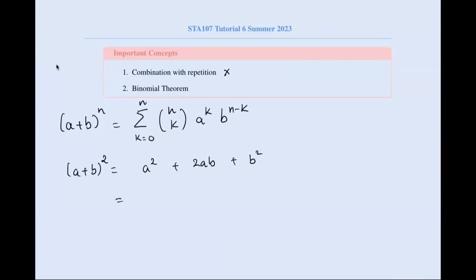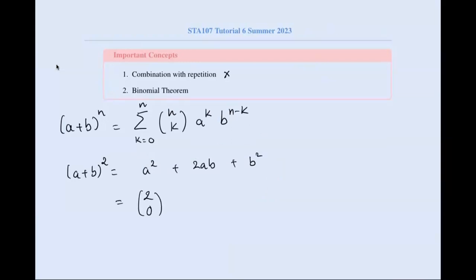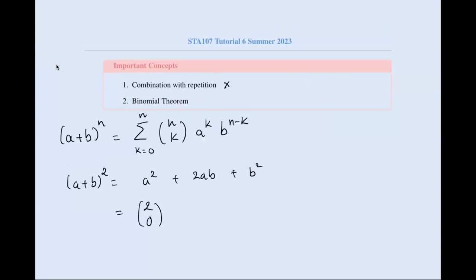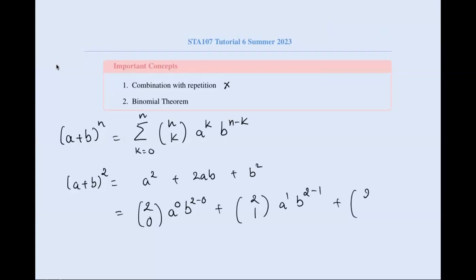So this is just 2 choose 0, which is 1, times a to the power of 0, and then b to the power of 2 minus 0, and then 2 choose 1, a to the power of 1, b to the power of 2 minus 1, plus 2 choose 2, a to the power of 2, and b to the power of 2 minus 2.